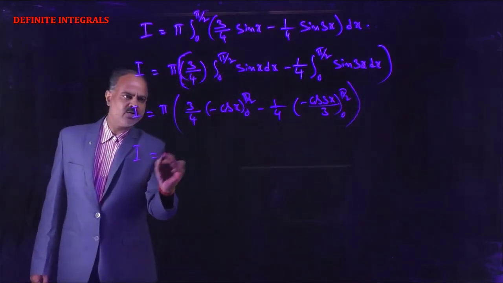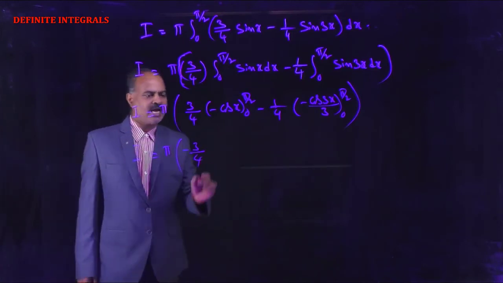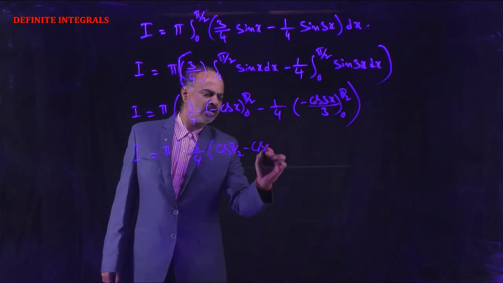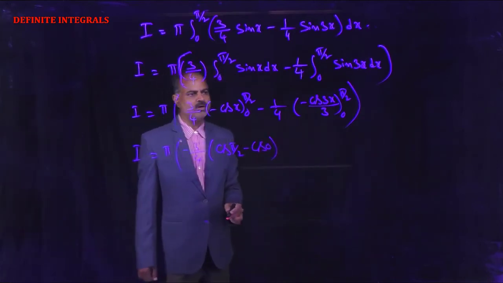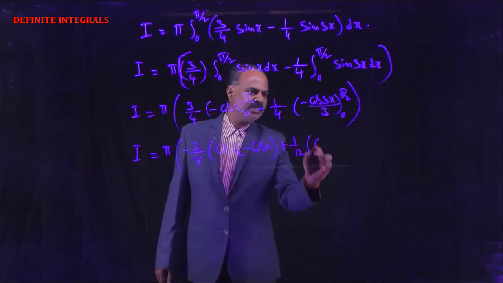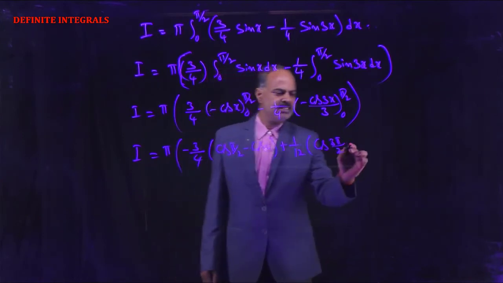Now I is equals to pi into minus 3 by 4 into cos pi by 2 minus cos 0. Here minus into minus will become plus 1 by 12 into cos 3 pi by 2 minus cos 0.